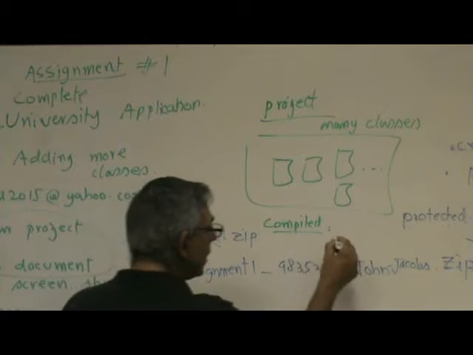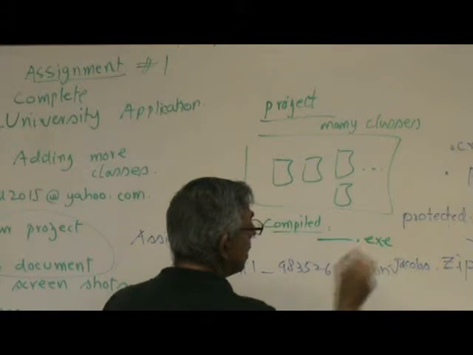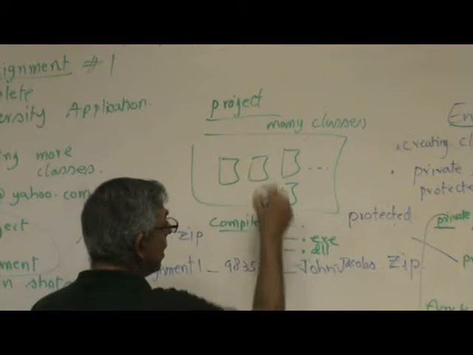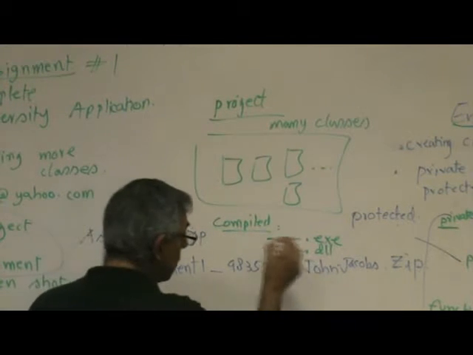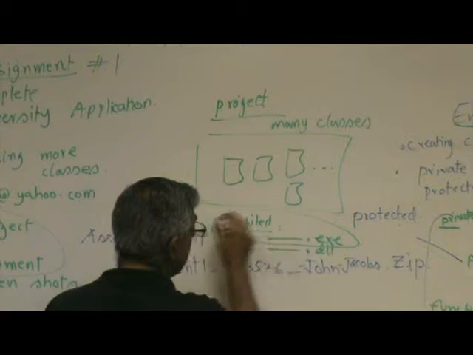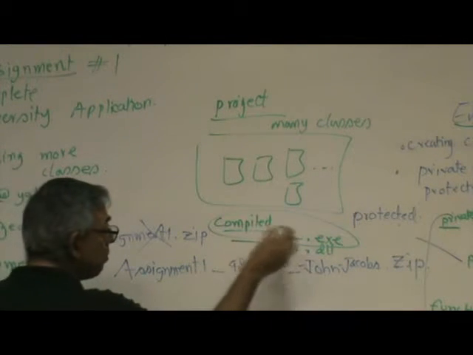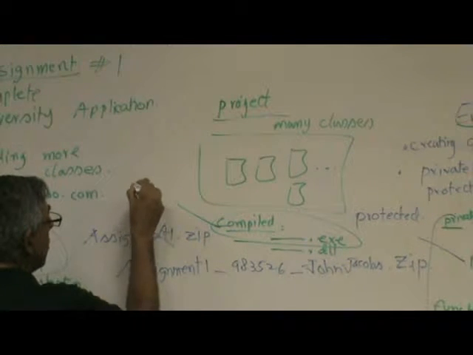So the compiled code will go into a single file, exe or DLL, depending upon how we compile it. So far, everything we are doing, we are creating a project, so it will go as an exe file. That compiled file is also called the assembly.